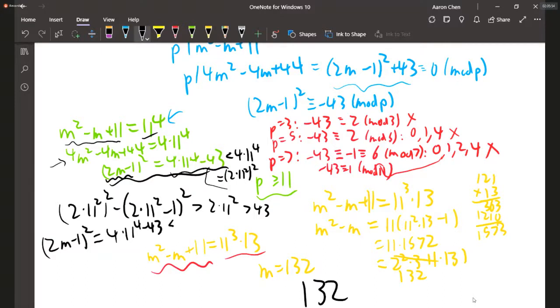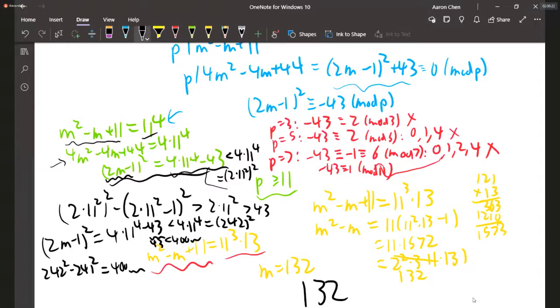Clearly this is smaller than 4 times 11 to the 4th, which is equal to 2 times 242, squared. Now 242 squared minus 241 squared is 400 something, but this difference is 43, which is a lot less than 400 something.